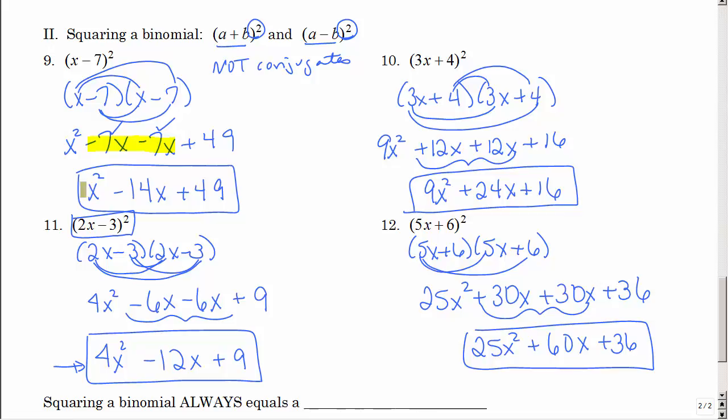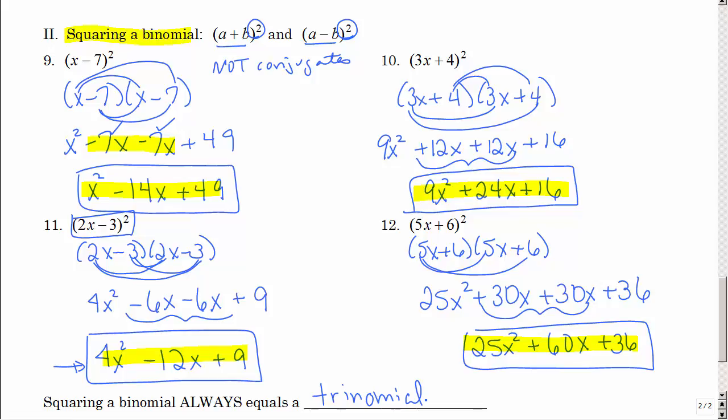Before we finish, I want you to look at all three of these answers. They all came from squaring a binomial. When you square a binomial, you're always going to get a trinomial. Always. In fact, they're a very special type of trinomial.